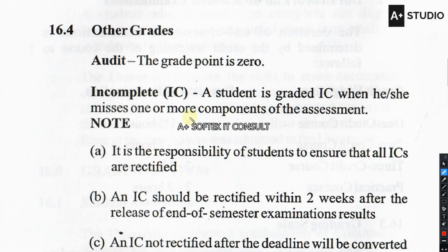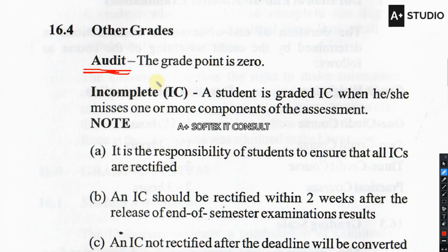At the moment you see an audit as a grade on your result, it means that your result is going for assessment, to verify whether it is genuine, whether it has been tampered with, whether somebody has swapped or changed the result, or manipulated it. That is the audit.